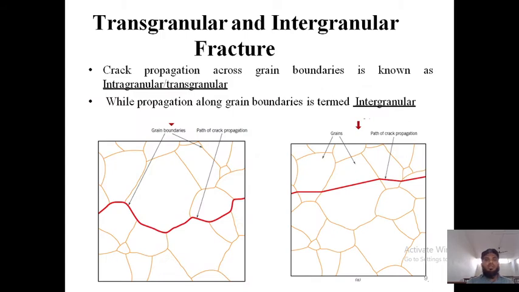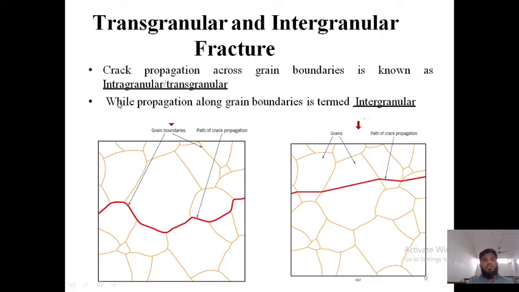Okay, so next in this there are intergranular and transgranular fractures. So what is intergranular, what is transgranular? Intergranular is nothing but breaking along the grain structures generally. Inter means separate, intra means from inside.